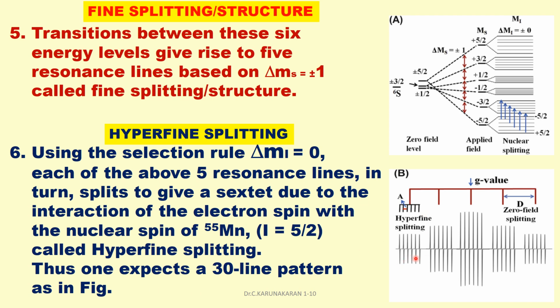Therefore 5 into 6, there are 30 lines observed in the EPR spectrum when D is greater than A.